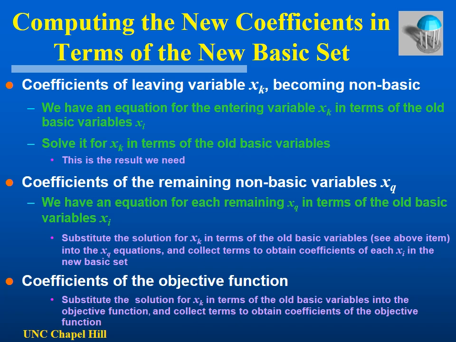And so we need to look at the equation that we solved for in the first item for x sub k in terms of the old basic variables other than that basic variable. And we can take that equation and substitute it in each one of the x sub q equations for the term that was in x sub k.